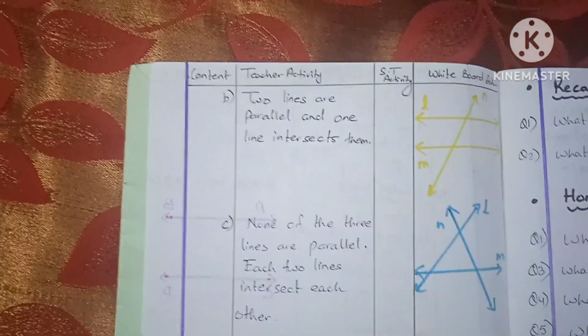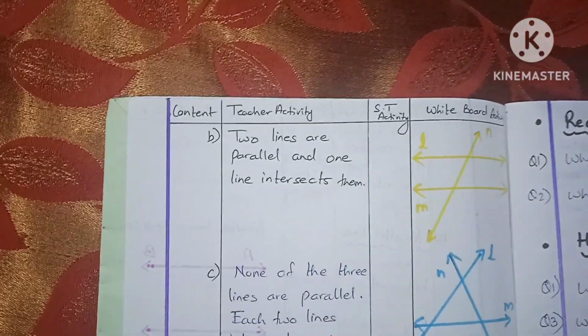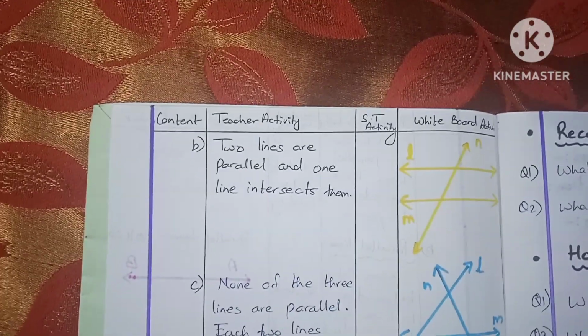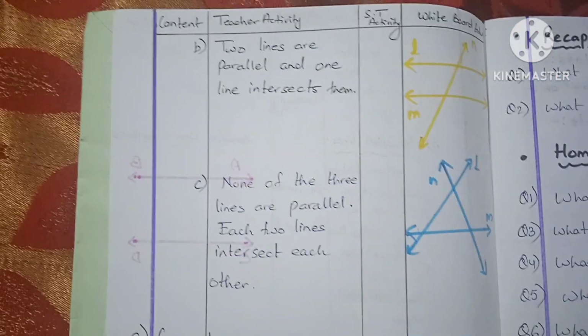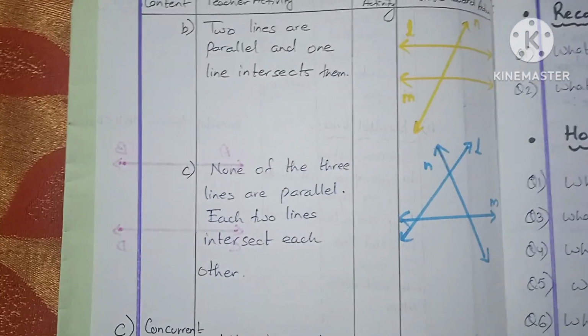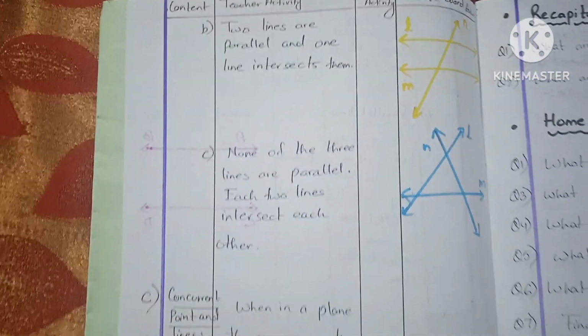Next, the teacher draws parallel lines and intersects them by one line. This is basically called a transverse line. After that, she shows them other intersecting lines.